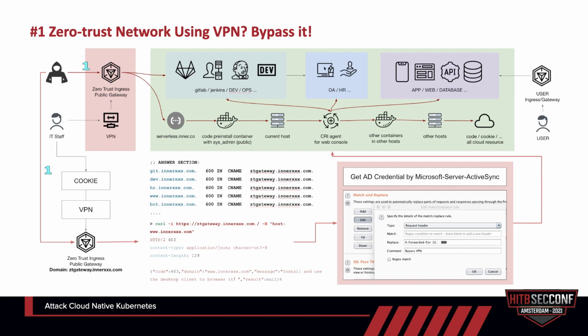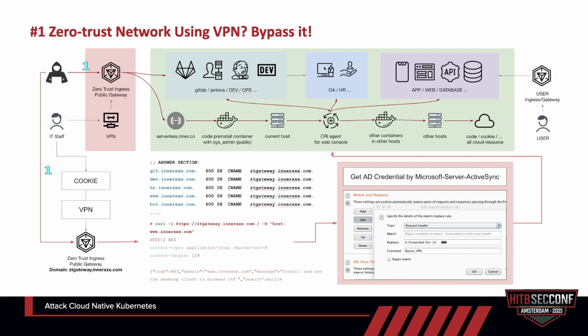About the staff identity, we got some AD credentials of the employees by brute force cracking of the Microsoft Exchange ActiveSync, which is exposed on the public network. However, we had been unable to get the private VPN client for a long time.